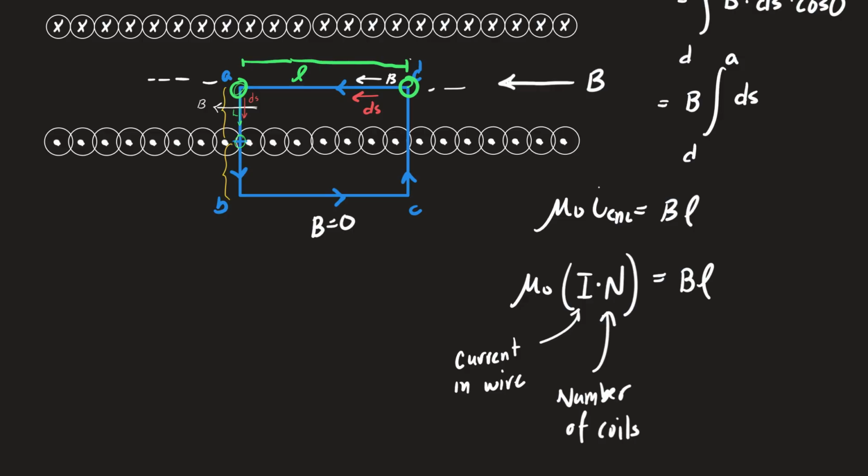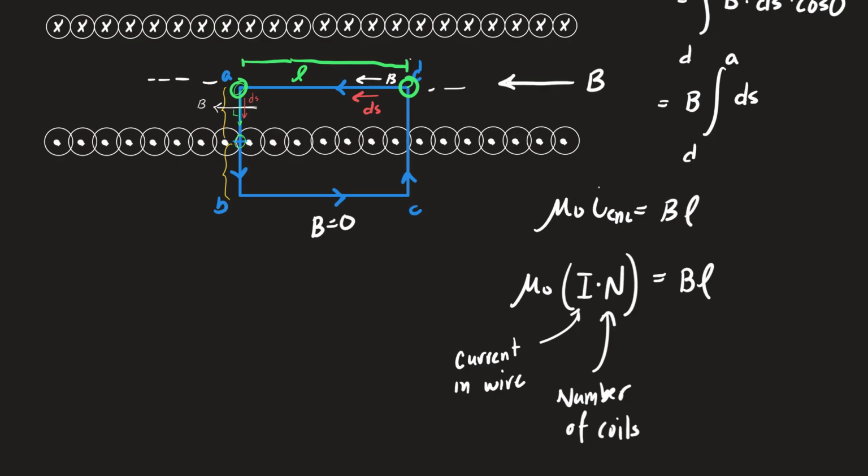I is going to represent the current in the wire, and capital N represents the number of coils we've captured with our Amperian loop. When we did this for the loop of current, we only had one, so we didn't have to have an N there. We just had I there. But in this case, we have an N to represent the number of loops.